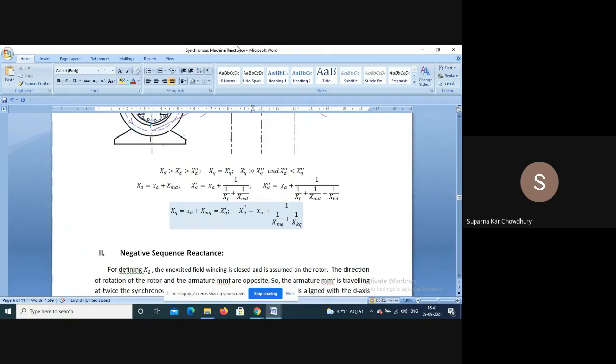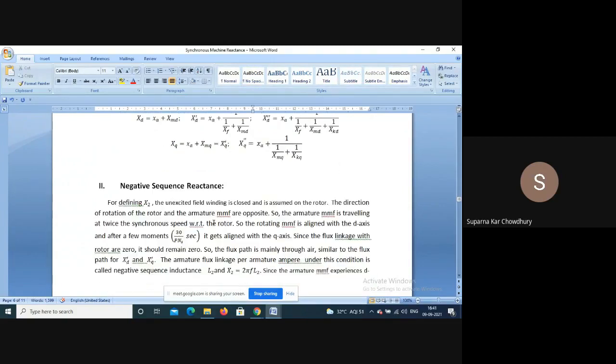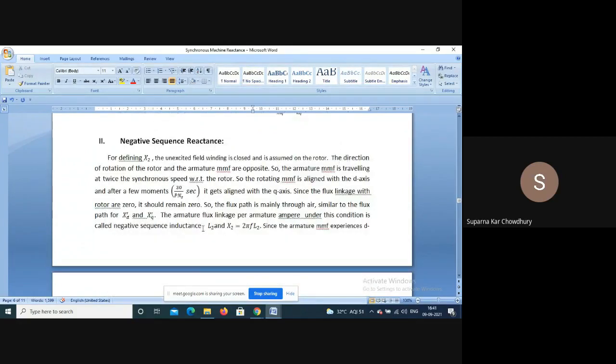Then besides this, we will have the negative sequence reactance and the zero sequence reactance, because whatever we have discussed considers the supply to be balanced. But the supply might not always be balanced. If it is an unbalanced supply, we know we can divide it into positive sequence, negative sequence and zero sequence voltages.